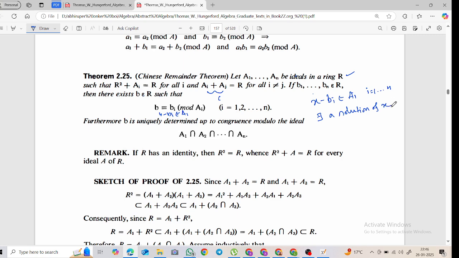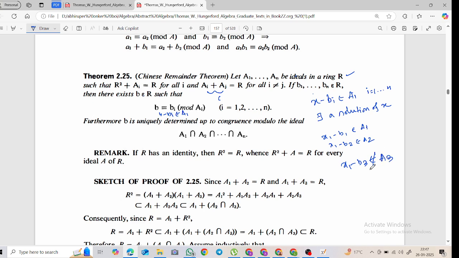So do you understand the point? There exists a solution x. I mean, just think about it. Why should such an x exist? This may happen that some x1 minus b1 belongs to A1, and x1 minus b2 belongs to A2, but maybe this x1 doesn't work when i is 3. You may have x1 minus b3 not inside A3.